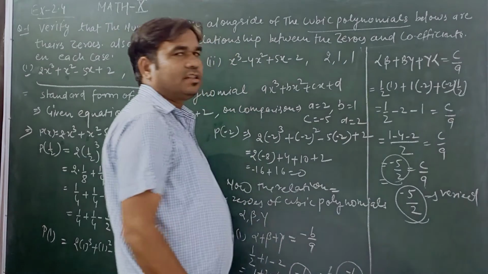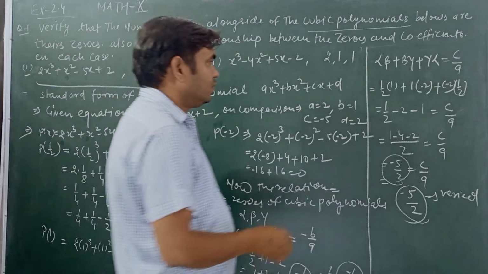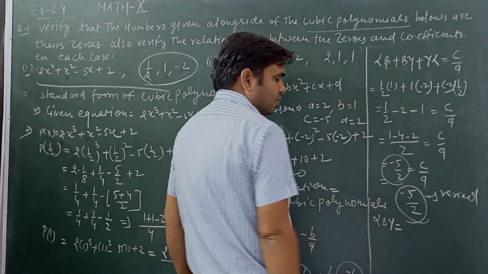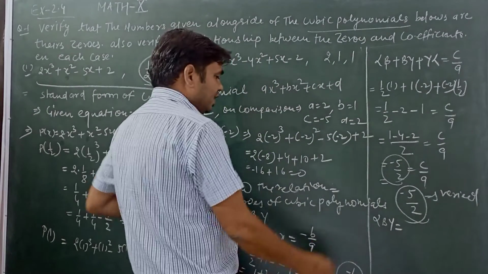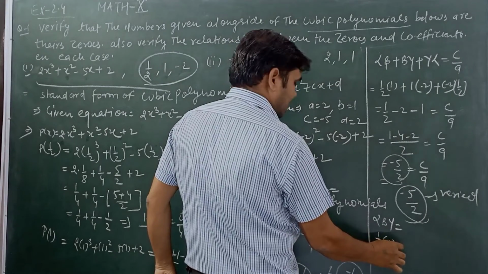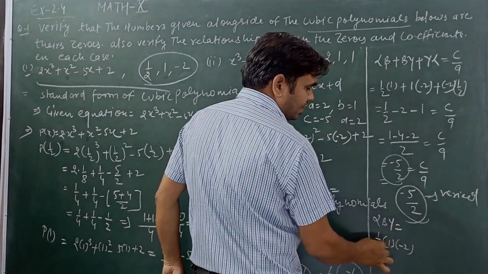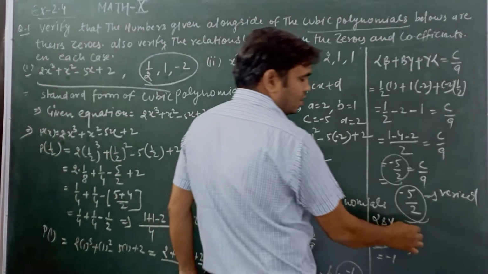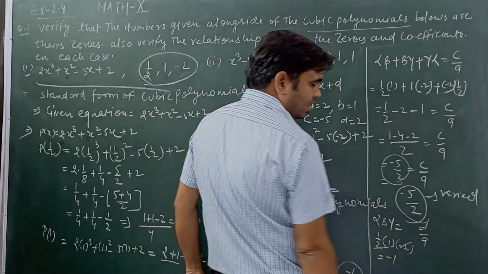And now we take the product of zeros, alpha beta gamma. The product is 1 over 2 times 1 times minus 2, which is minus 1. The product of zeros should be minus d over a.